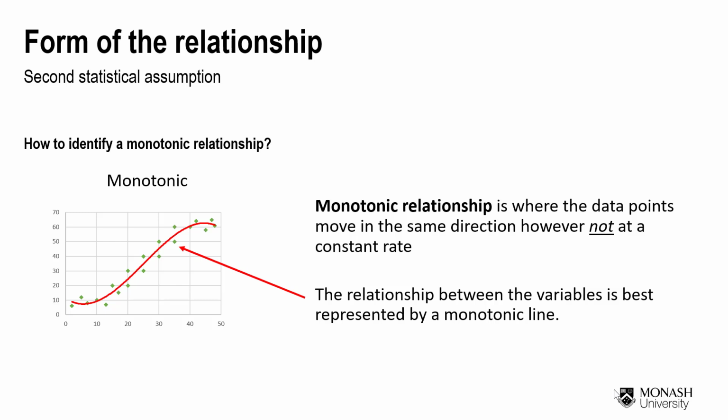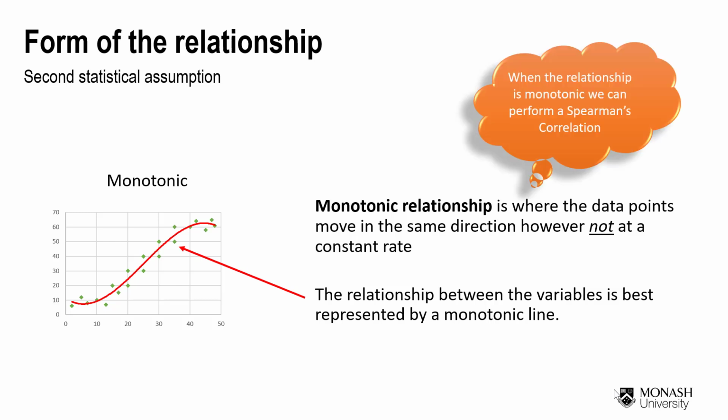A monotonic relationship cannot be analyzed using a Pearson's correlation because the assumption of linearity would be violated. For monotonic relationships, a Spearman's correlation can be performed.